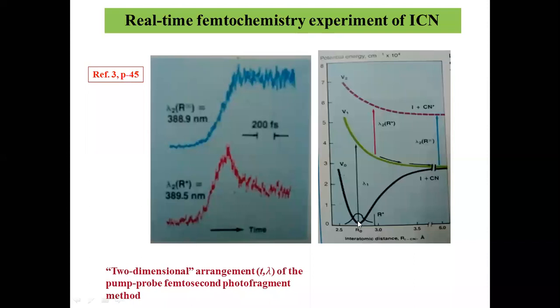Initially the wave function is taken here, then you do the probe pulse delay at lambda 2, where basically R tends to infinity. That means when completely separated, it goes to the excited state CN only, and CN then fluoresces back, which is called laser induced fluorescence. So this is actually the laser induced fluorescence spectra.